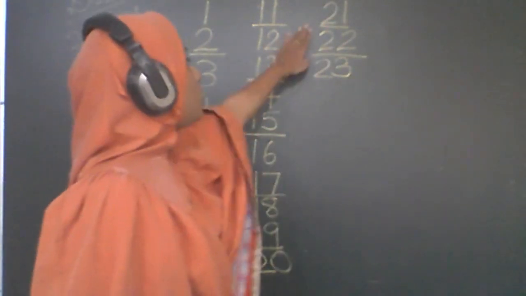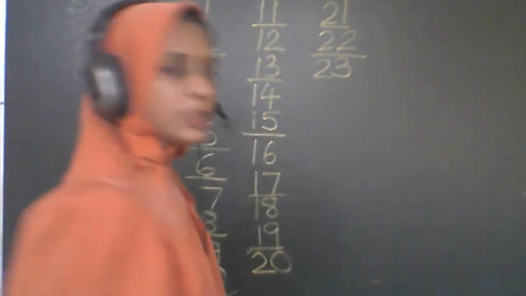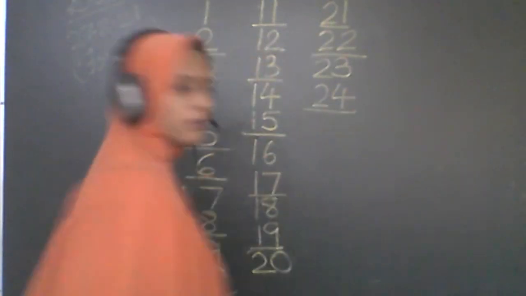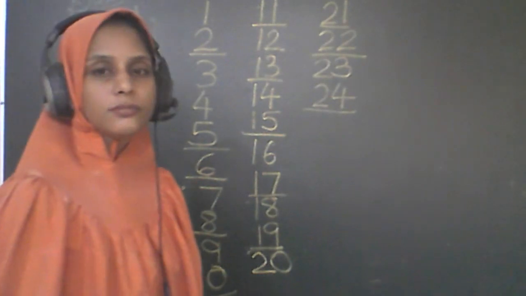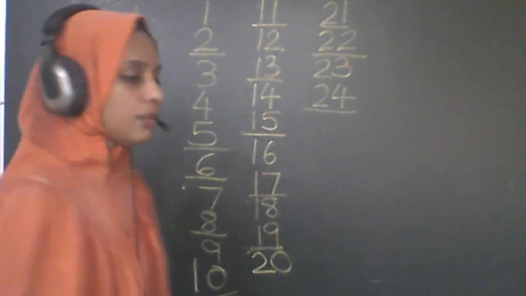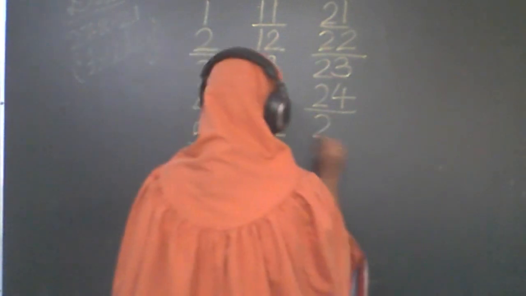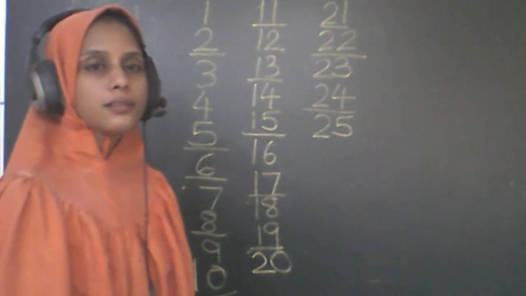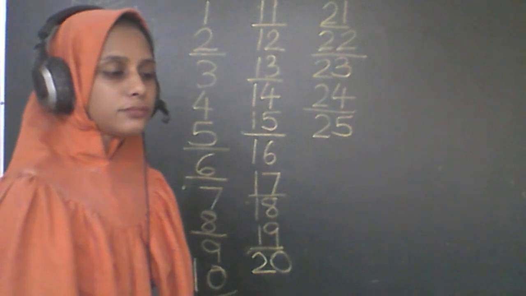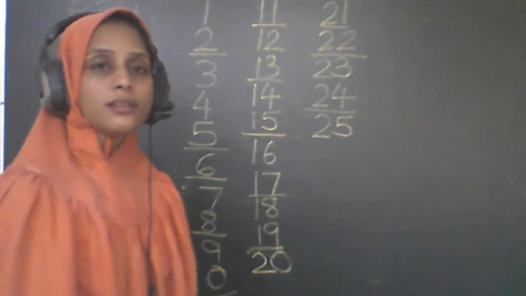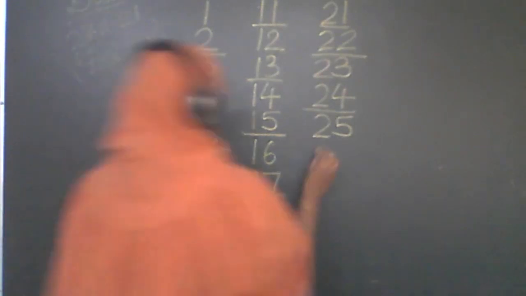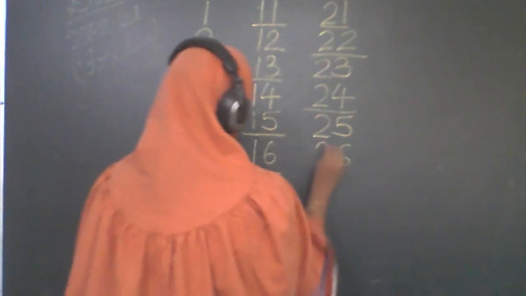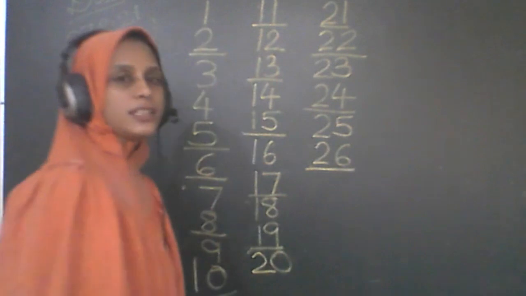So say the counting: 21, 22, 23 and 24. Then after 24, 25 is already written. After 25, 26. Fill the blank by writing 26.